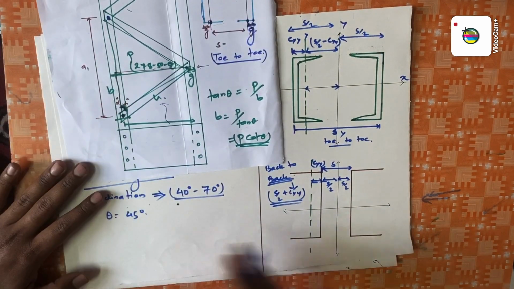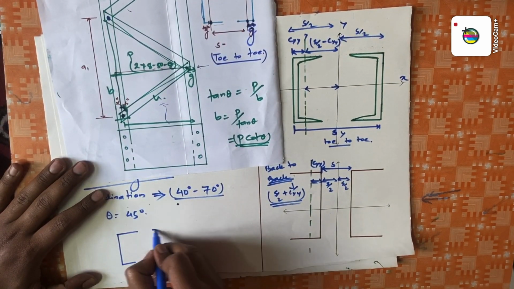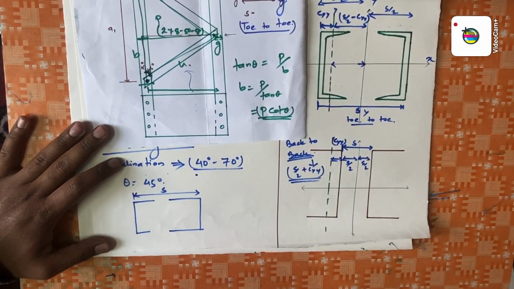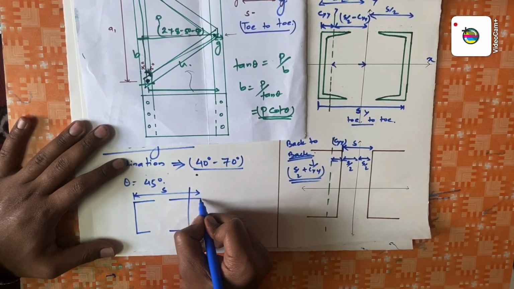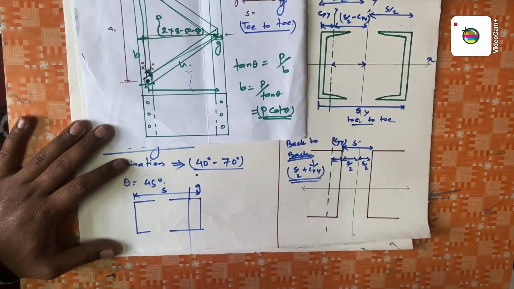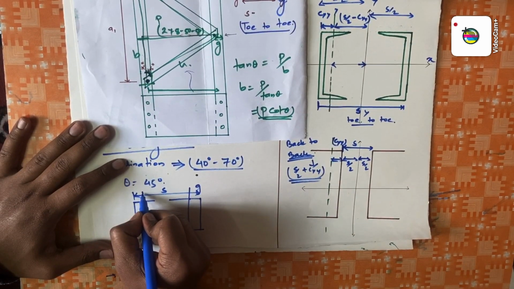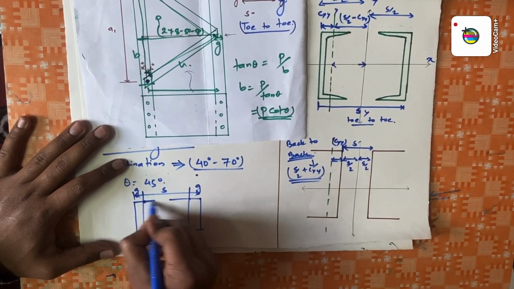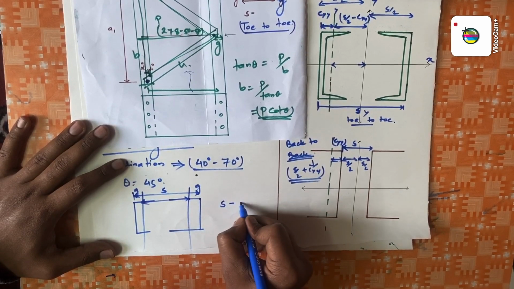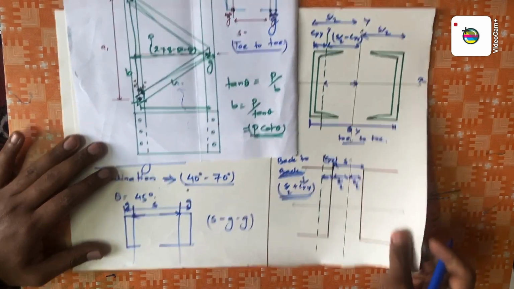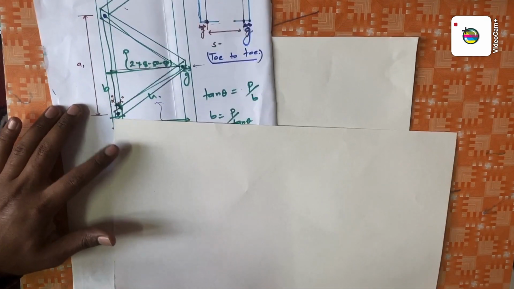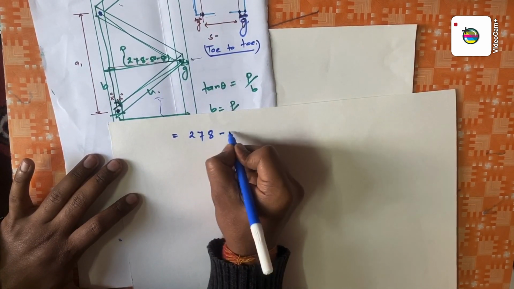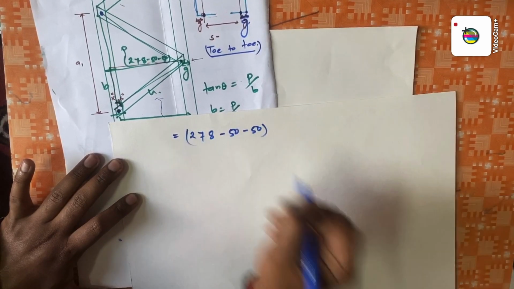The total distance will be our S. The distance from the edge to the bolt is known as G. So the total distance from this bolt to this bolt will be S minus G minus G. So this distance will be 278 minus 50 minus 50.